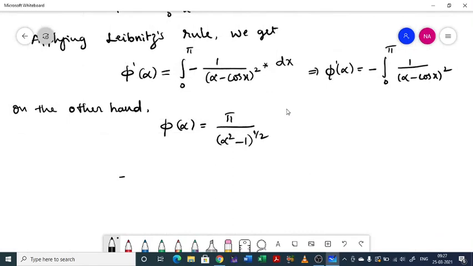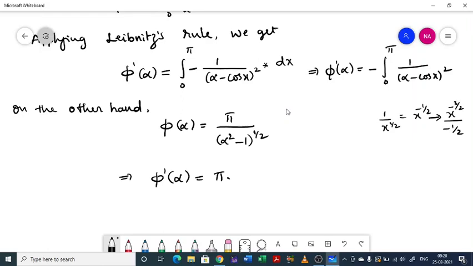So differentiating both sides, this is ordinary differentiation because we don't have integral sign here. So phi dash of alpha equal to pi into the derivative. So the derivative of x power minus 1 by 2 is x power minus 1 by 2 minus 1, that is x power minus 3 by 2, divided by minus 1 by 2, right?